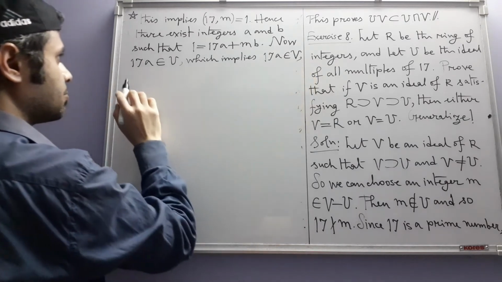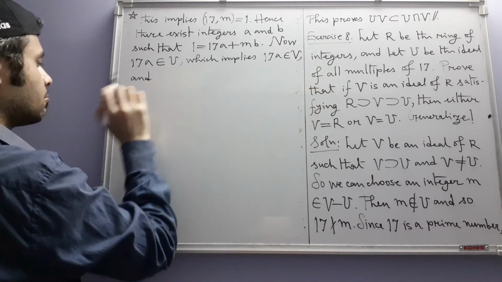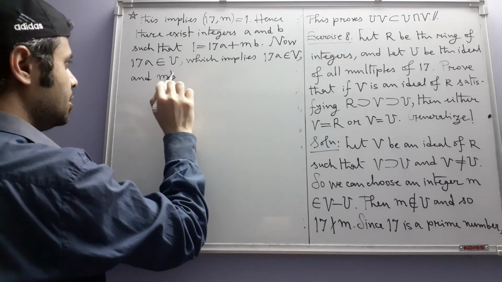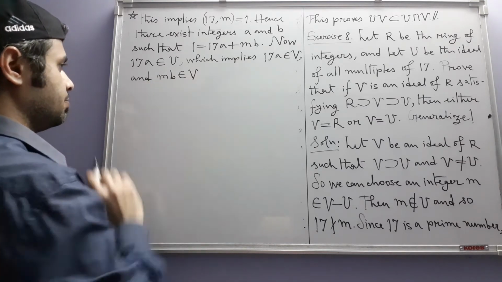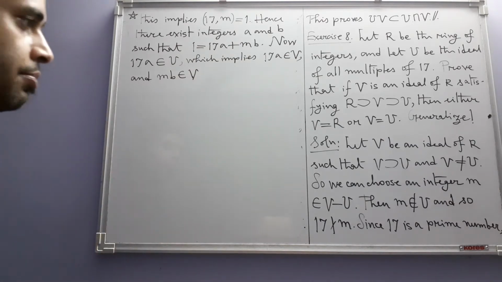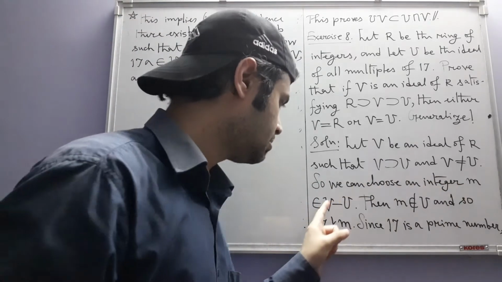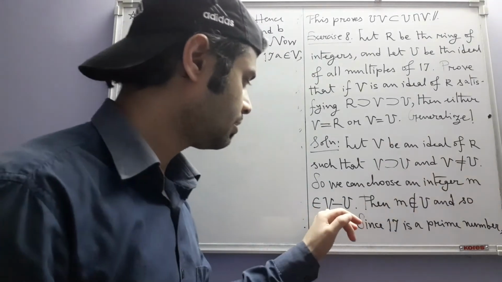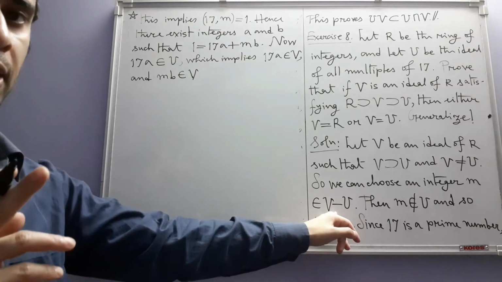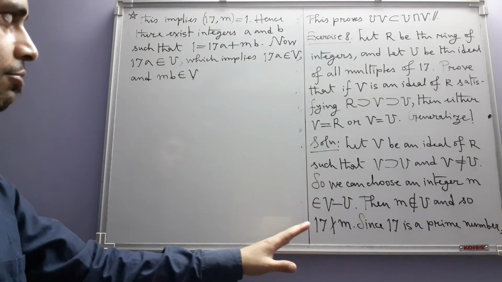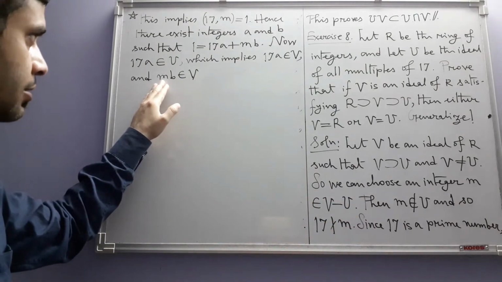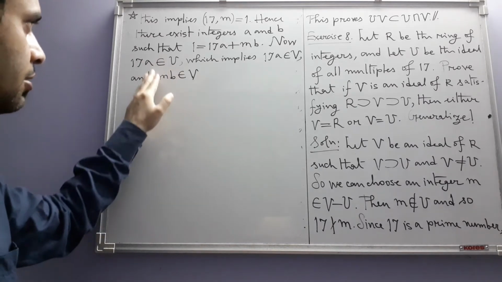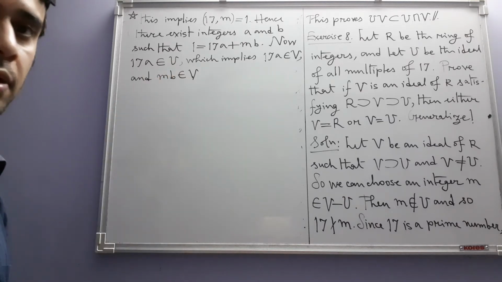And mb belongs to V. mb also belongs to V. Why? Because m is in V. It's not in U, that is something else. But after all, it's an integer in V and V is an ideal. So because V is an ideal, multiplying this ideal element by an arbitrary ring element gives me again an element in the ideal.